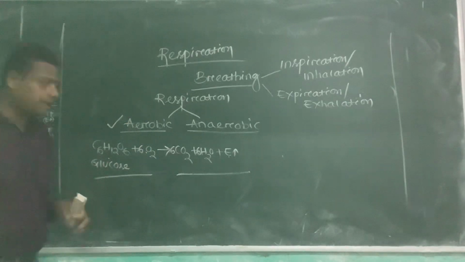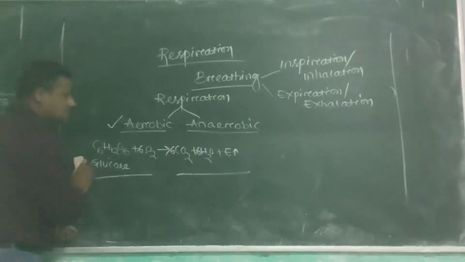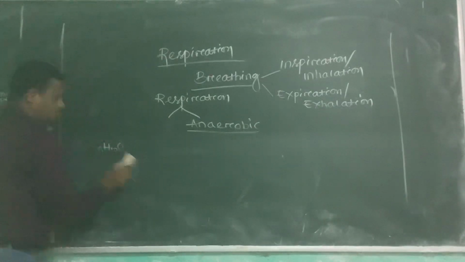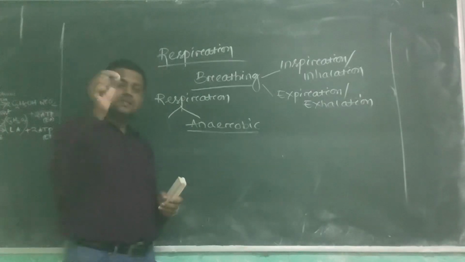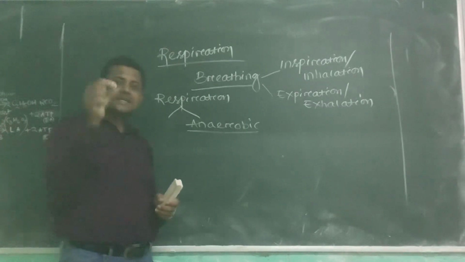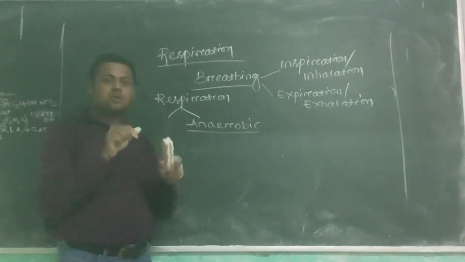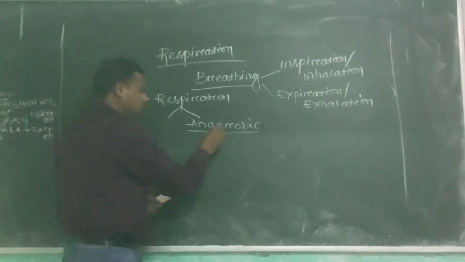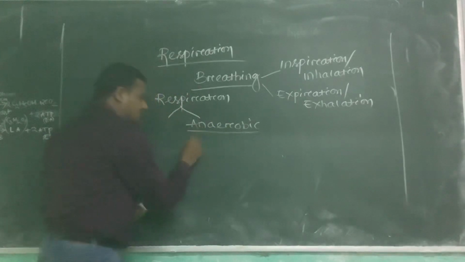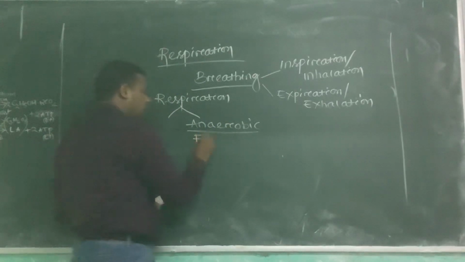This is found in higher plants and animals. Now we will discuss anaerobic respiration. If the energy is liberated from food without oxygen, that is called anaerobic respiration, which is equal to fermentation.